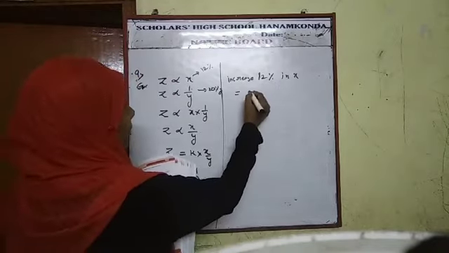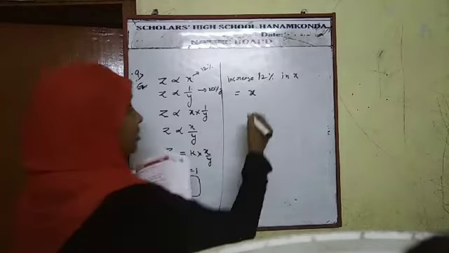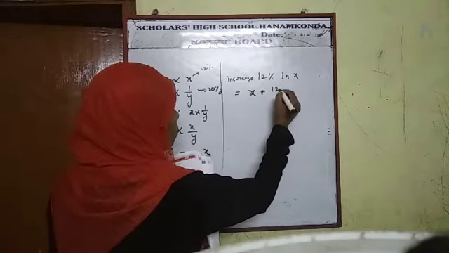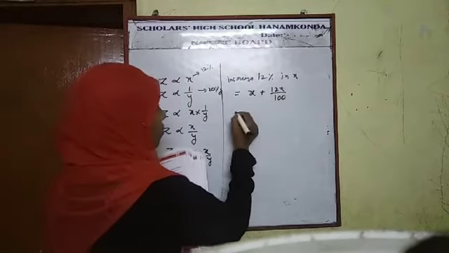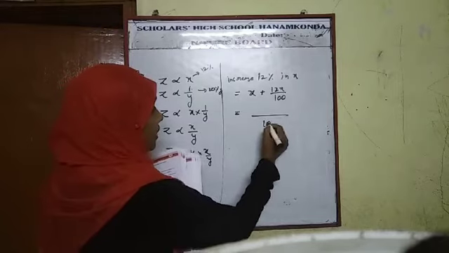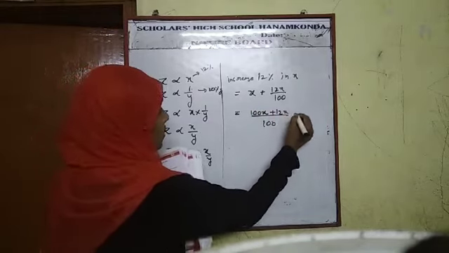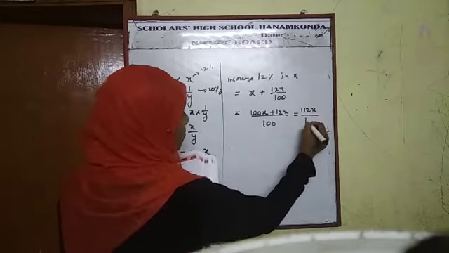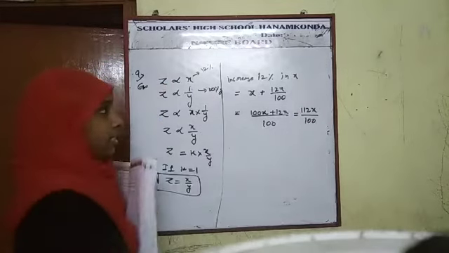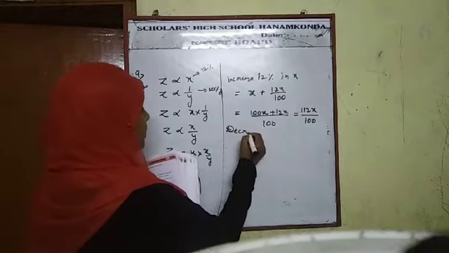So how can you write it? Already x is there. How much increasing? 12% in x, so 12x by 100. Okay, now do the LCM. 100 into x, 100x plus 12x. How much? 112x by 100. It is increasing.